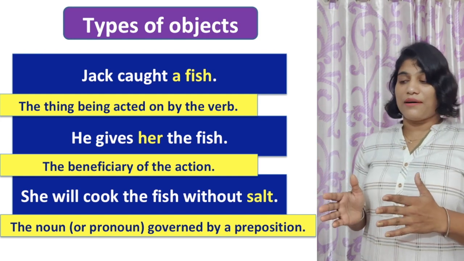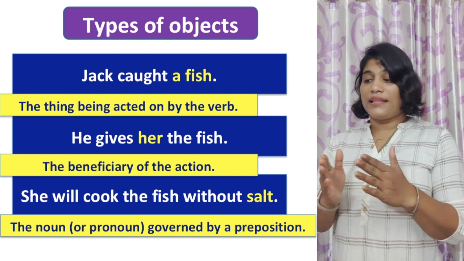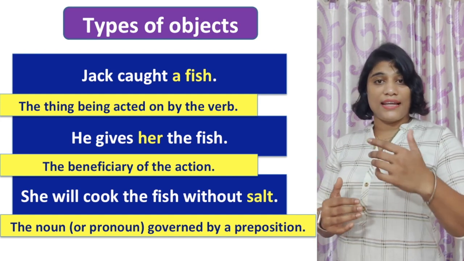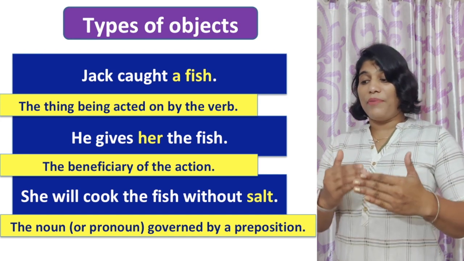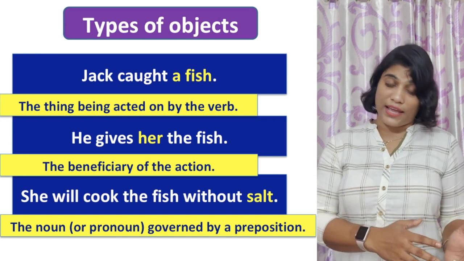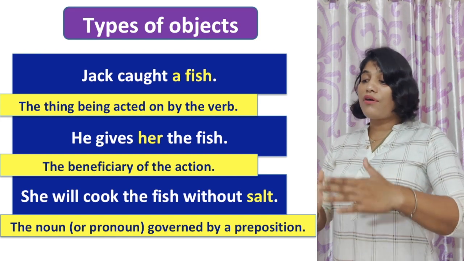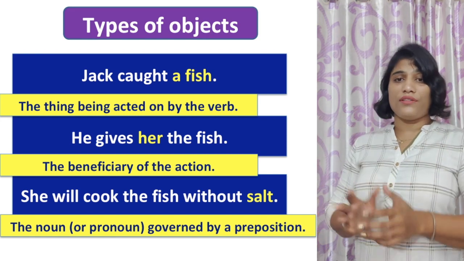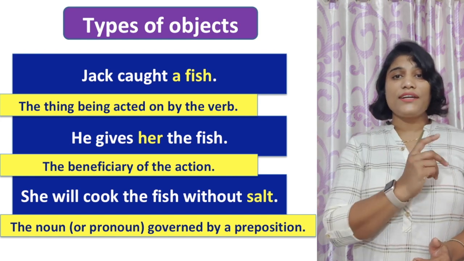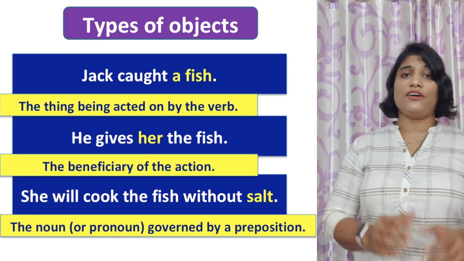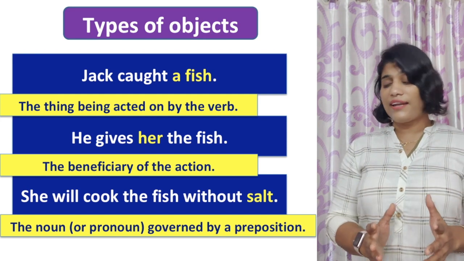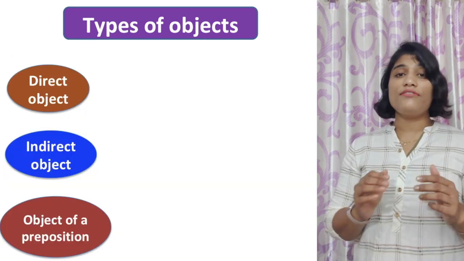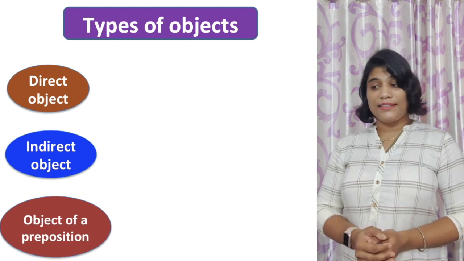So, in these examples, you find the things are being acted on by verb, and in other sentences you find the beneficiary of action is someone else, and a noun or pronoun governed by a preposition. Depending on these, the object of English language or English sentences you can divide in three major parts or three major types. What are they?